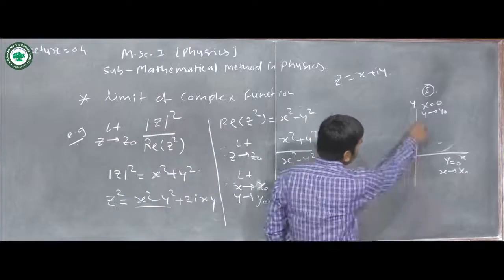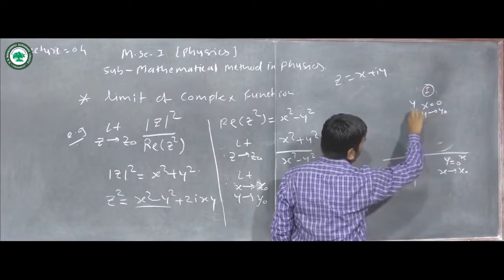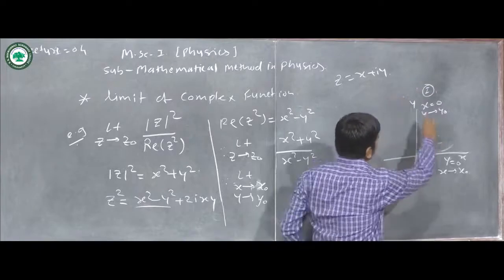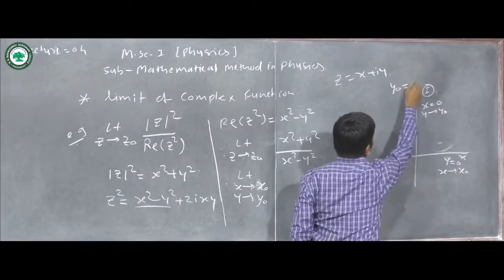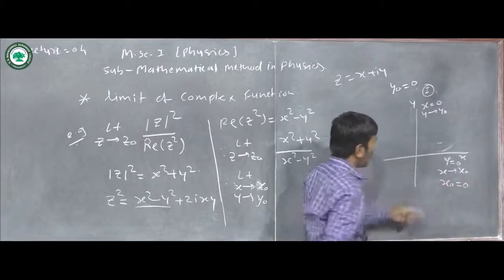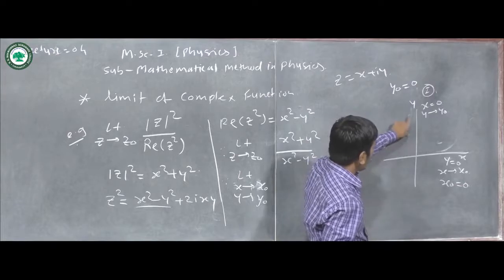Okay, so you can observe y can approach y naught, so here are two ways it can be approached. Suppose I am considering this y naught as 0, or this x naught equal to 0, the origin of this xy plane.